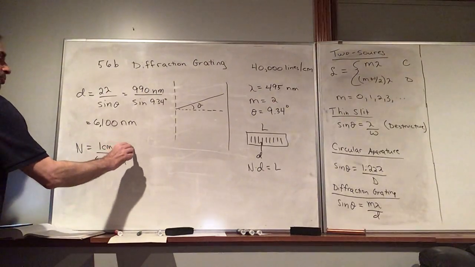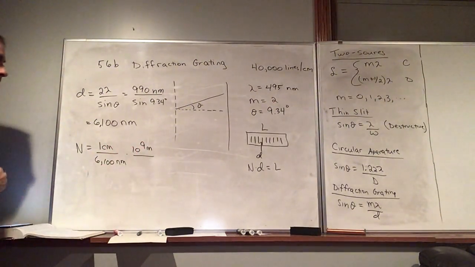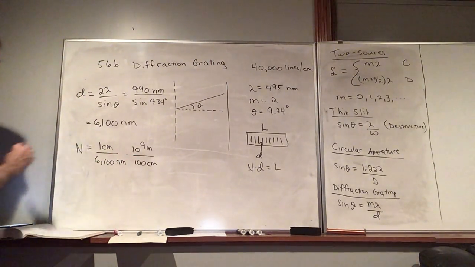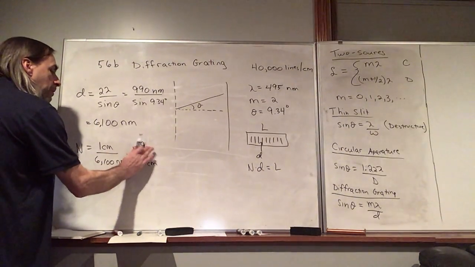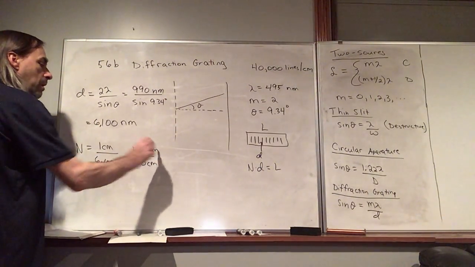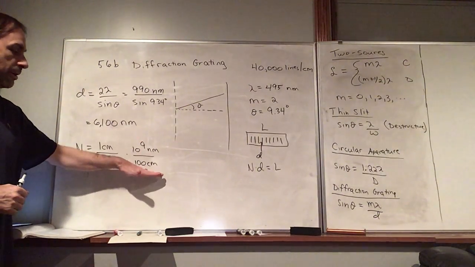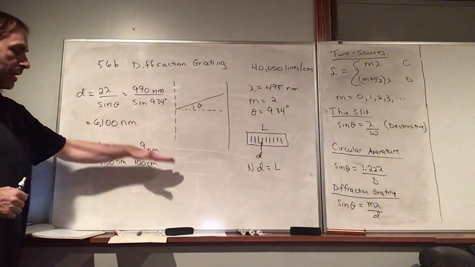We can say there's 10 to the 9th nanometers in 1 meter, and there's 100 centimeters in a meter. So we're just dividing, this is just 1 divided by 1.